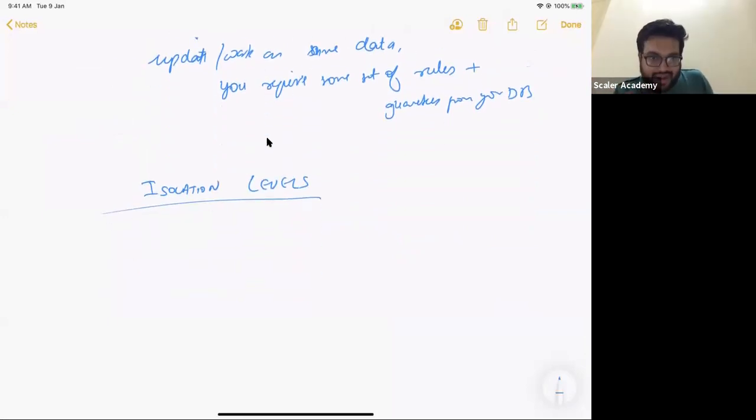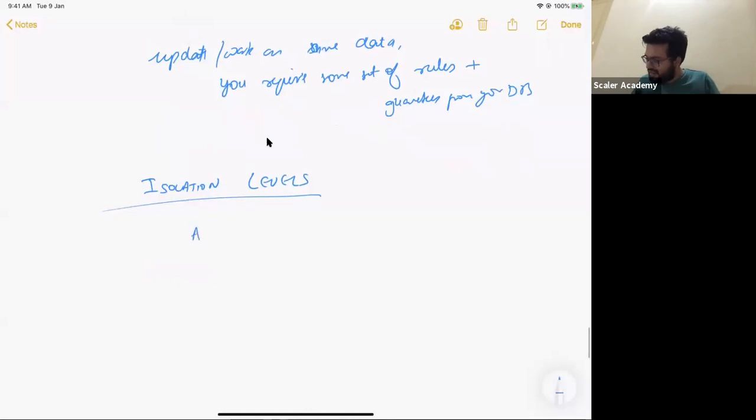There are so many different isolation levels, and we will at the end try to explain why it's nothing more than just giving names. But we are actually going to discuss 4 or 5 in today's class, and everything else, if you want, you can read up yourself, and everything will make sense because we are going to discuss the 4 or 5 most fundamental isolation levels. Okay. So one very, very basic isolation level is read uncommitted.